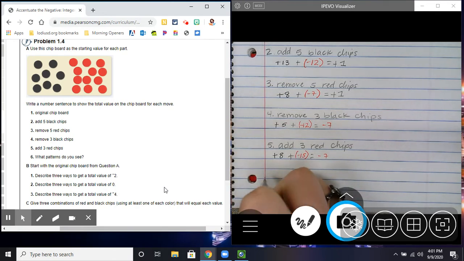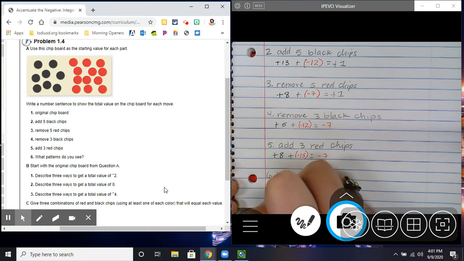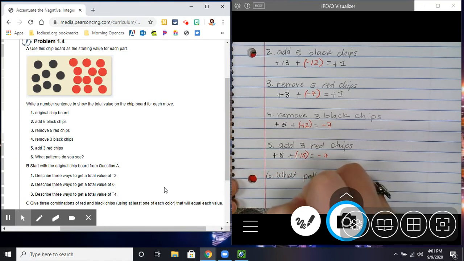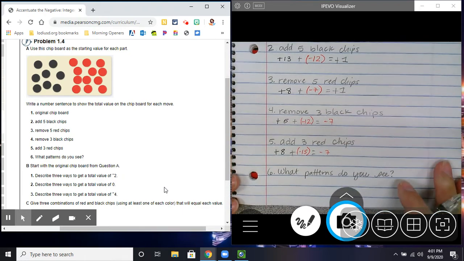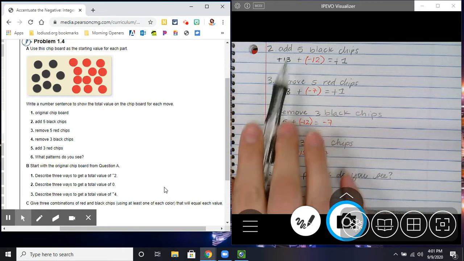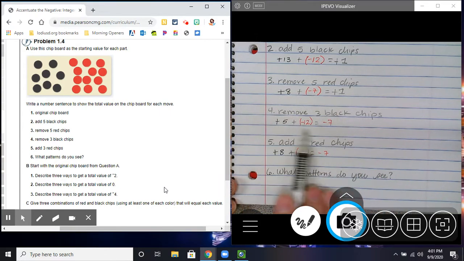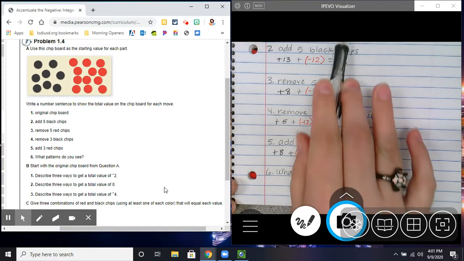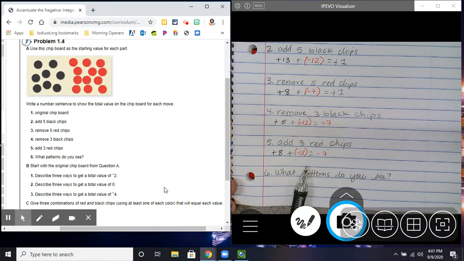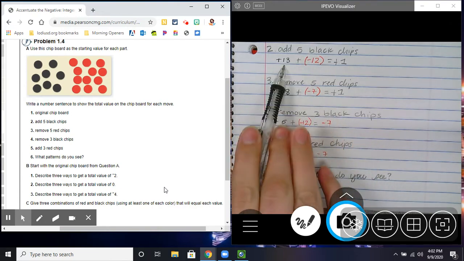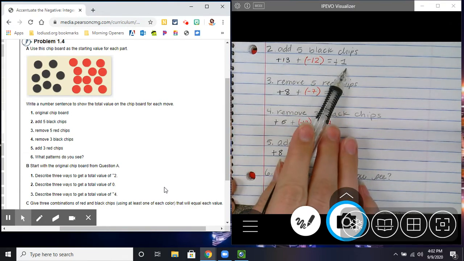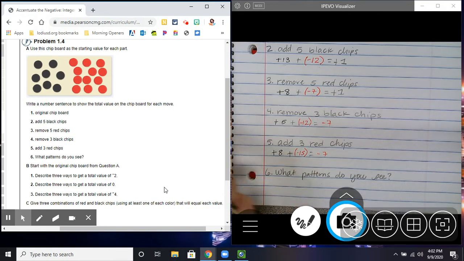Then we have number 6. What patterns do you see? They want you to look here, here, here, and look at the answers, and see if you can find any patterns. I would say it has to do with which number is the bigger number and how it turns out.